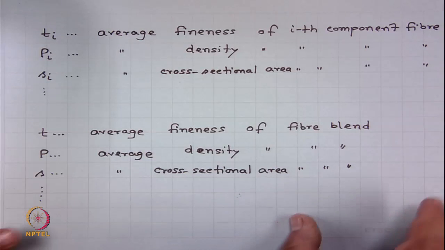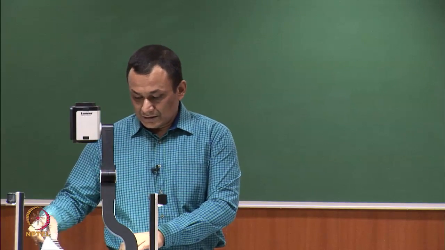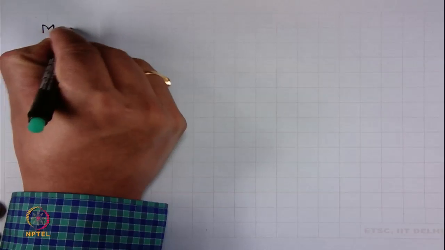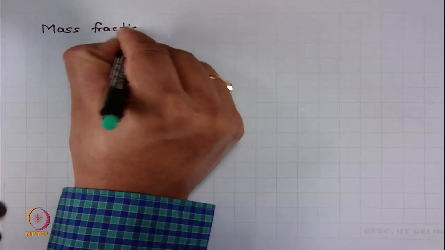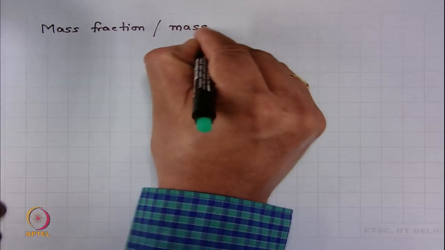First, we talk about mass fraction of fibers in the blend. Sometimes we call it as mass proportion.